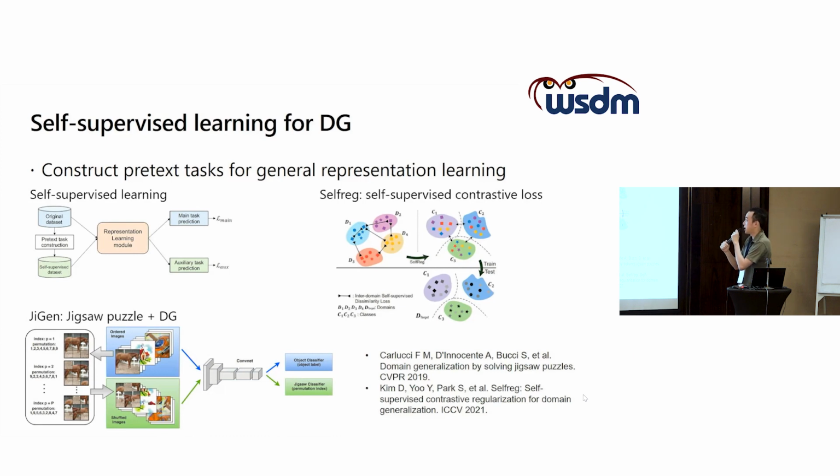for this problem. For example, the contrastive loss, as I just introduced, can also be treated as self-supervised learning. In other words, besides the classification loss, we can also consider the contrastive loss as the sample distance minimization across the domains.